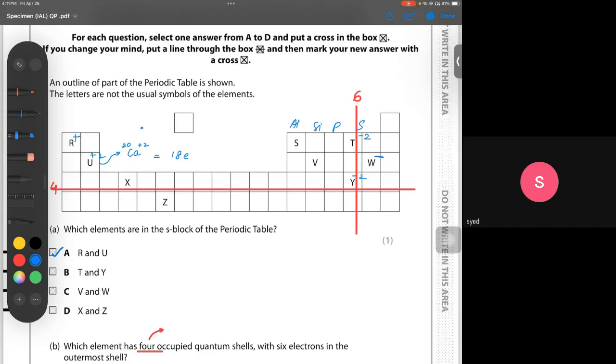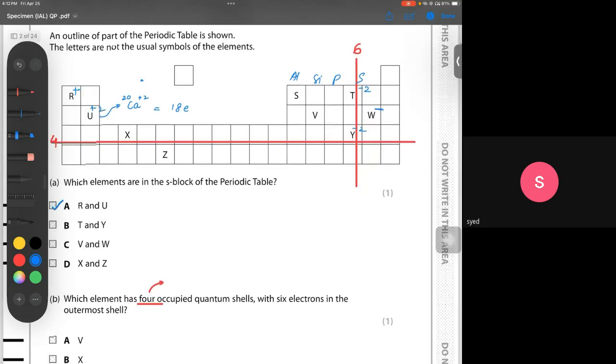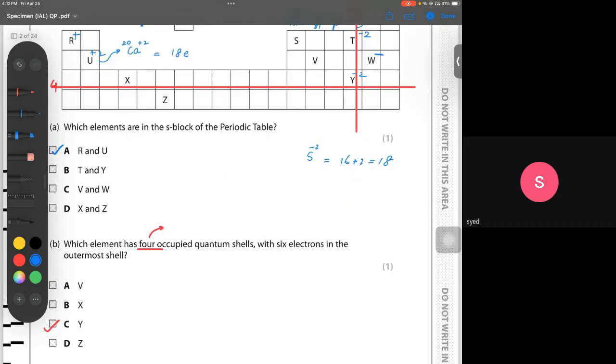Sulfur is 16 and it has -2 charge, means that the total electrons are again 18. So if the number of electrons are same, it's sulfur. Sulfur is -2, the proton number is 16, means it has total 16 electrons. Okay, so 16 plus 2 is equal to 18.